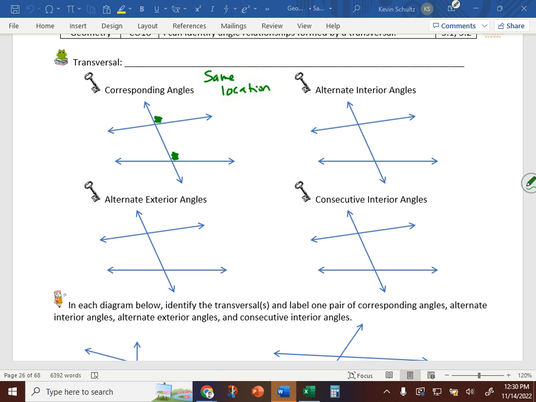Right? Think of those two vertices. The angles in the upper right corners of each of them would be considered corresponding angles, right? I've got another pair. If I took the upper left and the upper left, right, they are corresponding angles as well. They're the same location at their relative vertex.